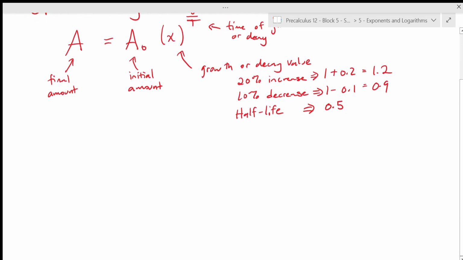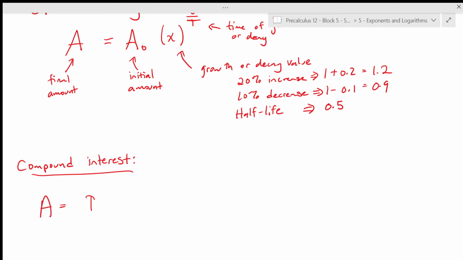Okay, so the next formula we're going to be using sometimes is the formula for compound interest. And so we have, for compound interest, A equals P times 1 plus R over N, to the power of NT.